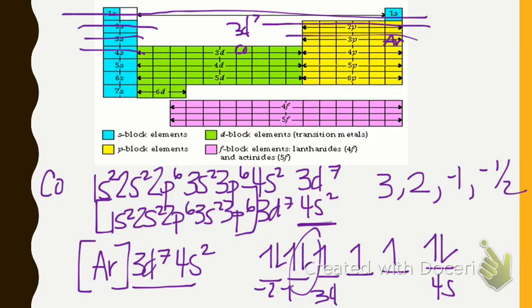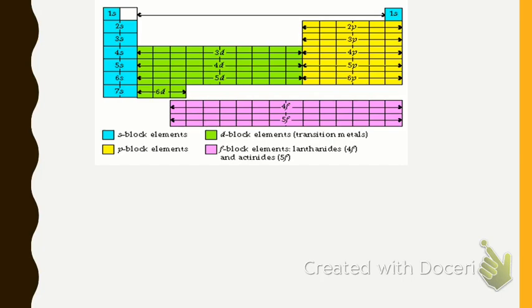Okay, so let's do another one. Let's go ahead on your chart. Let's erase all that. And on your chart, let's do gallium. Gallium is right here. And so that's going to end in 4p1.